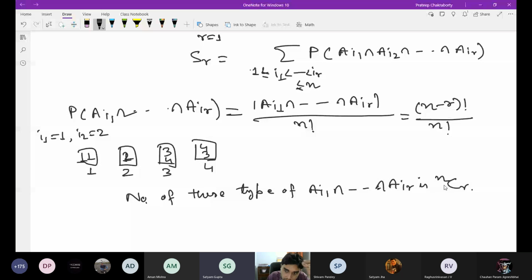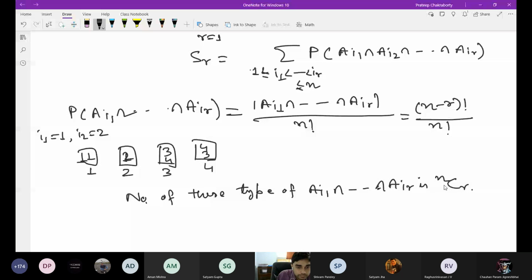The relative order will not matter if we choose a collection. We'll be counting the same collection multiple times if we use NPR. Right, very good. Sorry. So it is NCR.